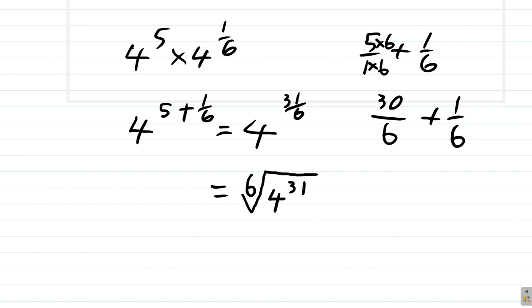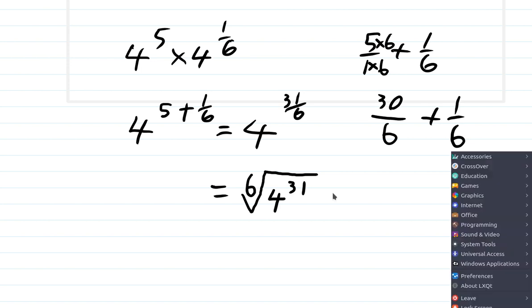So what you have, 4 to the 5th power times 4 to the 1/6 is 4 to the 5 plus 1/6. In this case, 31/6. Just to review. Alright? So you have 4 to the power of 31 and the 6th root.